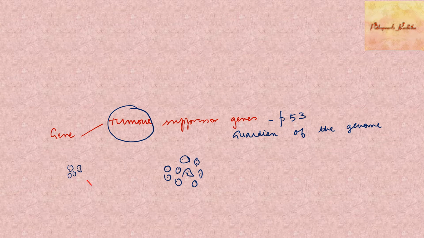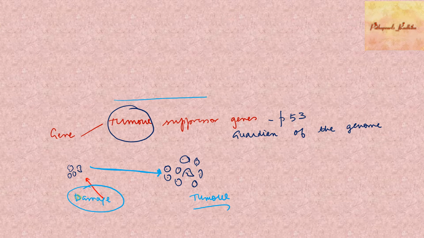This normal cell has incurred some damage. When a normal cell has some damage, it can be converted into a tumor, an abnormal proliferation of cells. This damage could be due to a chemical agent or radiation, etc. That's going to trigger the formation of a tumor.